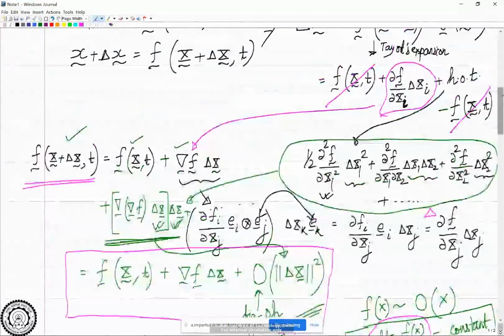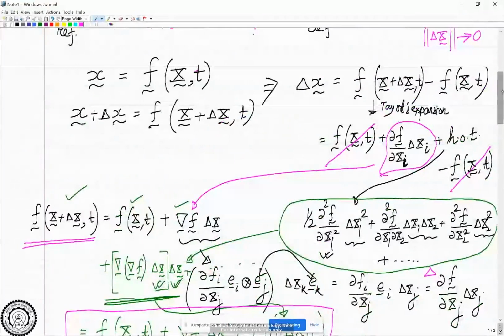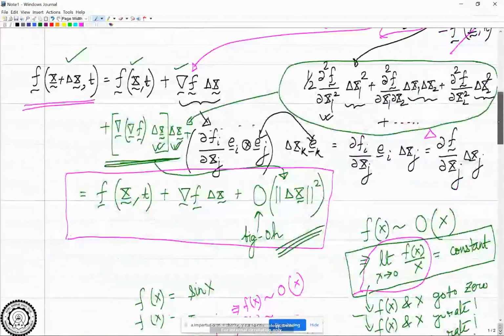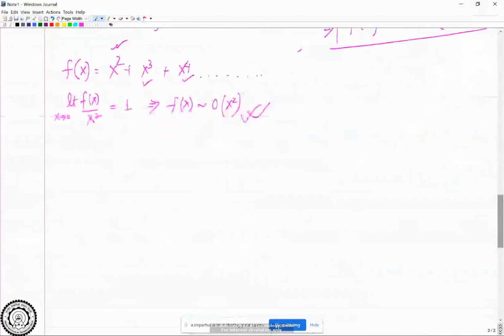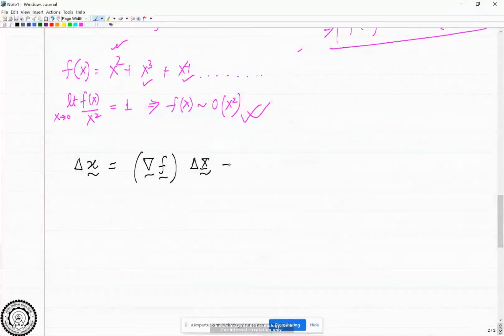Okay, so now let us try to see our original question: how are line elements transforming? With this in hand, I can now say that delta small x is equal to the gradient of f into delta capital X plus big O of delta capital X whole square.